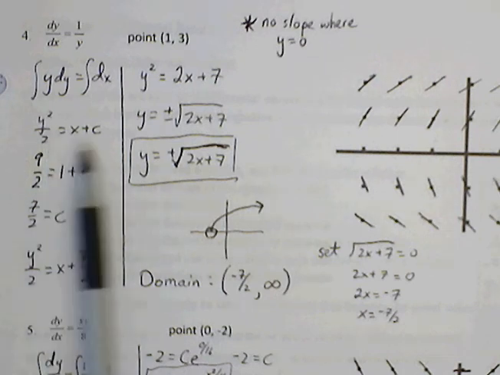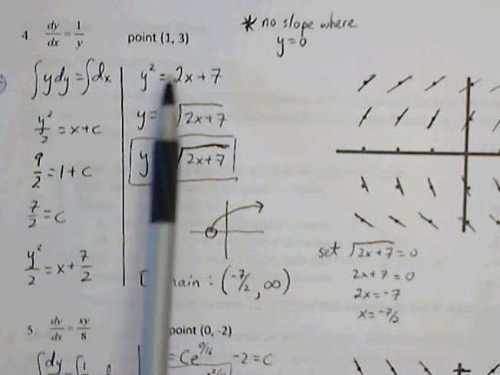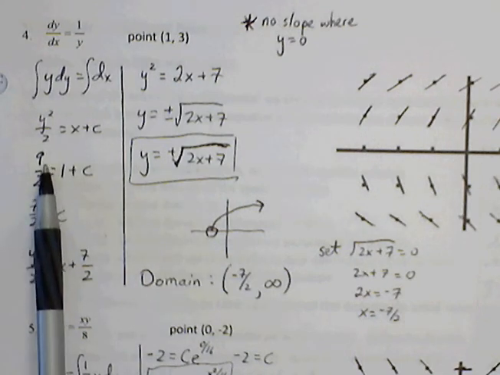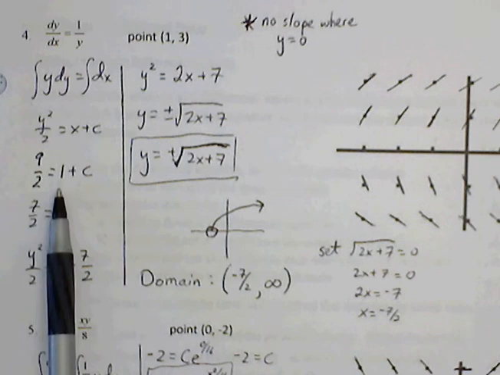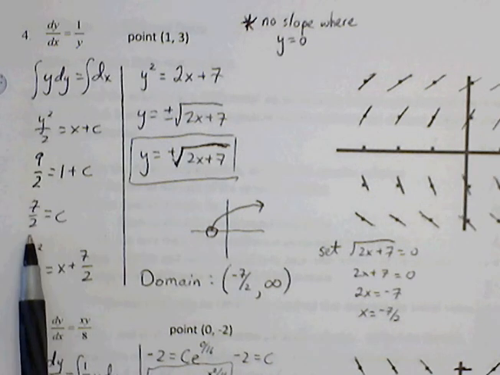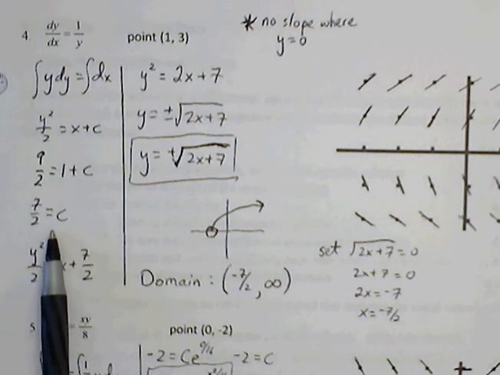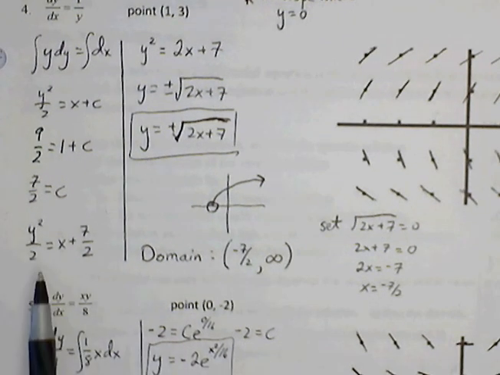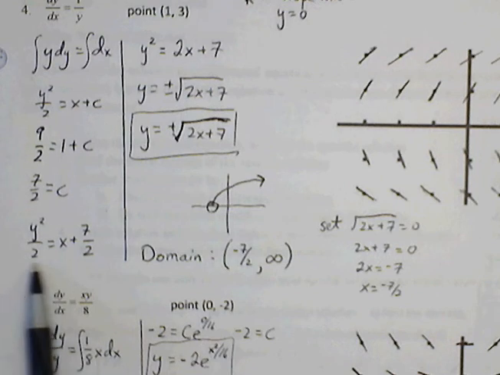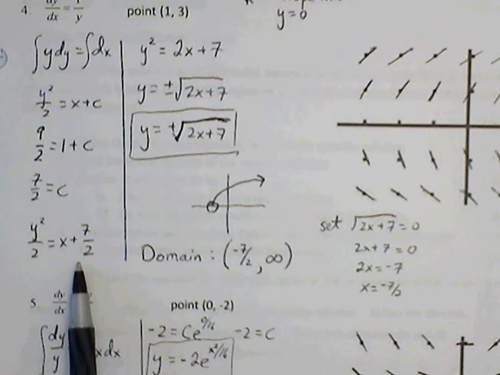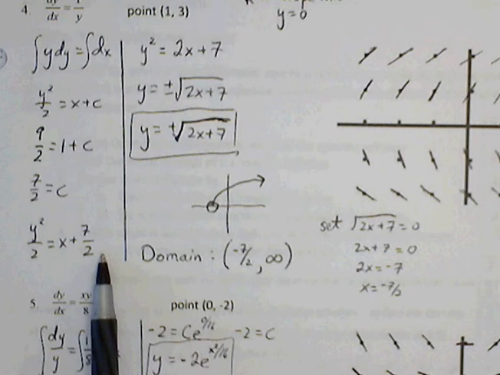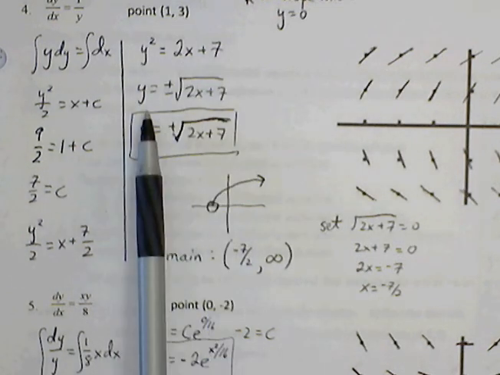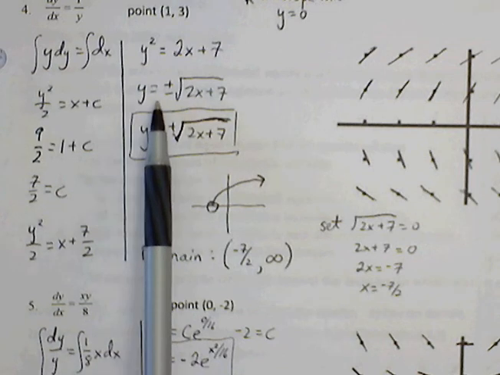So plug 3 in for y, 3 squared, so I get 9. Plug 1 in for x, and I get 9/2 minus 1, which is equal to 7/2, so that's my c value. And then once I have my c value, I'm going to plug that in and take the next steps to get y by itself. So multiply everything through by 2, so I get y squared is equal to 2x plus 7. And if I solve for y, y is equal to plus or minus the square root of 2x plus 7.